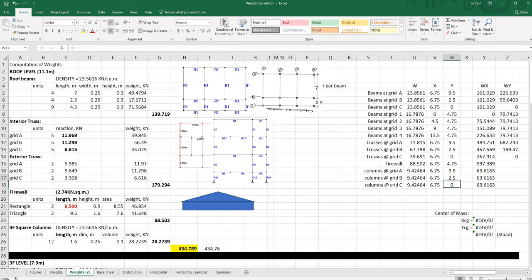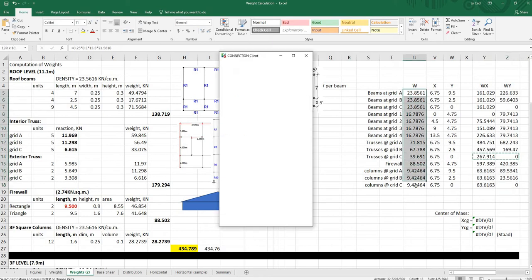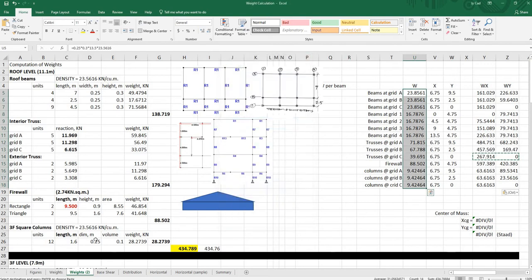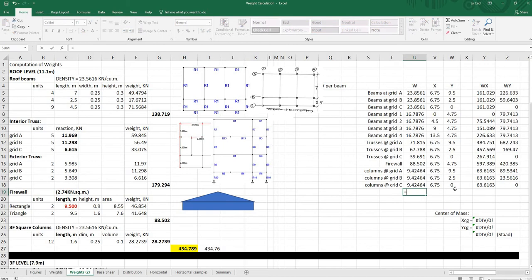Okay? And then, copy natin itong wx tsaka wy. Paste natin dito. Now, let's check the sum of all these weights. Dapat parehas sila dito sa 434.789. So, sum. Yan. So, parehas sila. So, meaning, pwede natin ngayong solvein yung center of mass dito sa roof level.